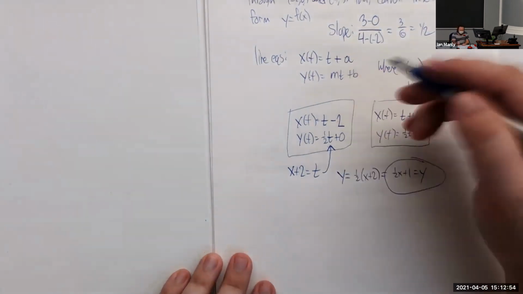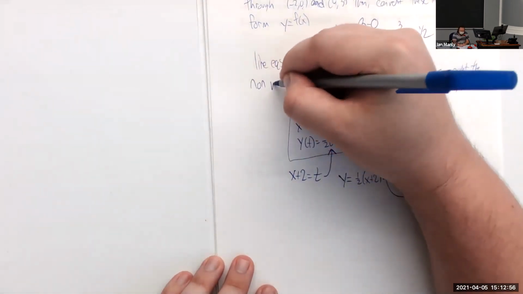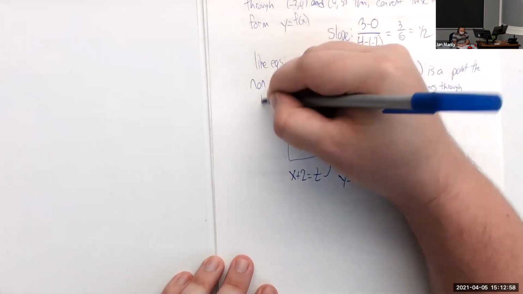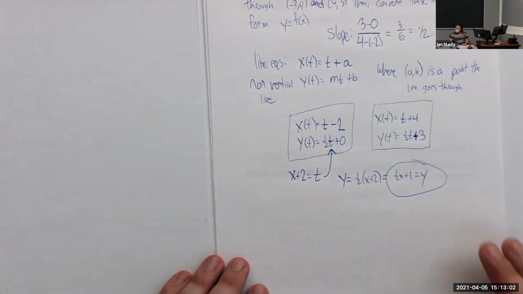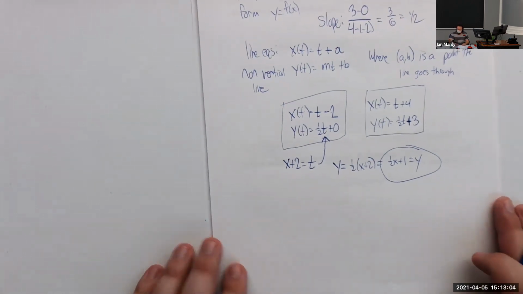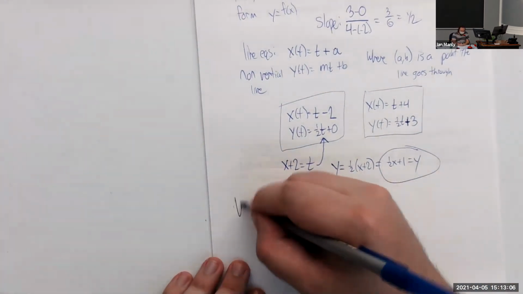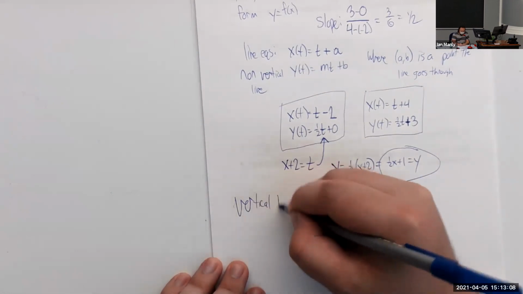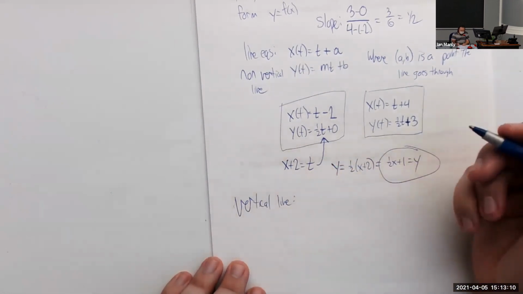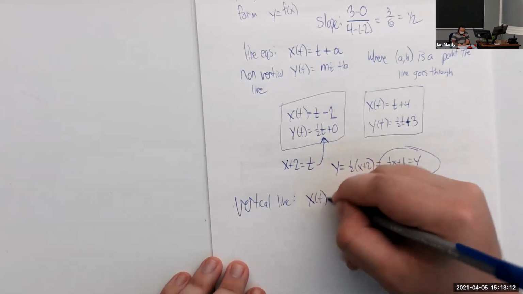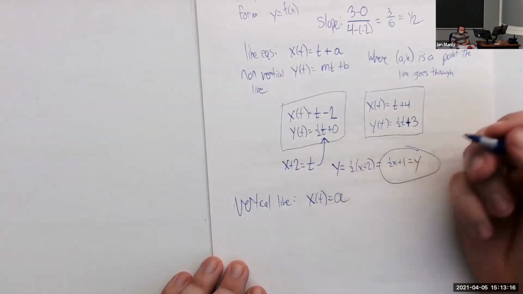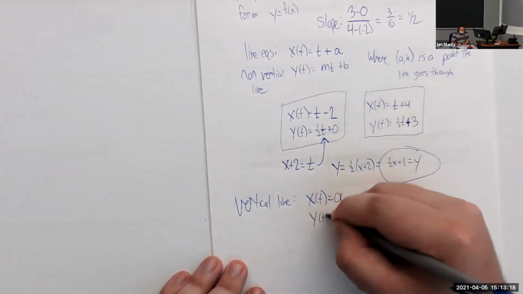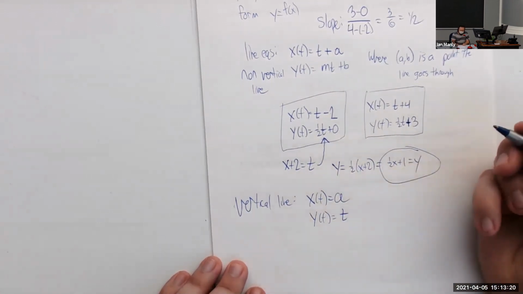And this will work for any non-vertical line. What if we have a line that's just going straight up and down? Then we're going to have x of t equals a, where this is the x coordinate of the line, and then y of t equaling t.